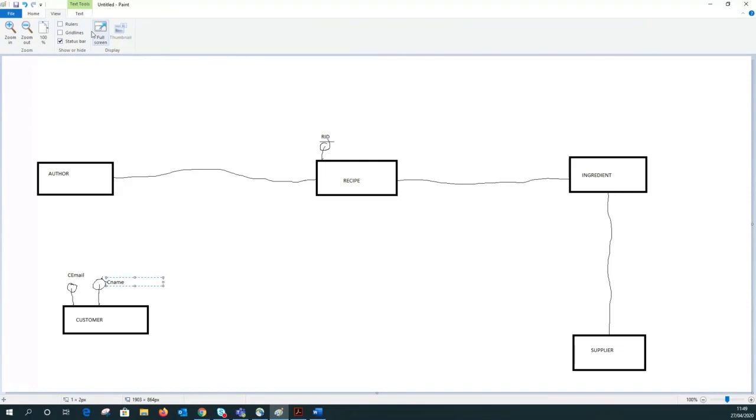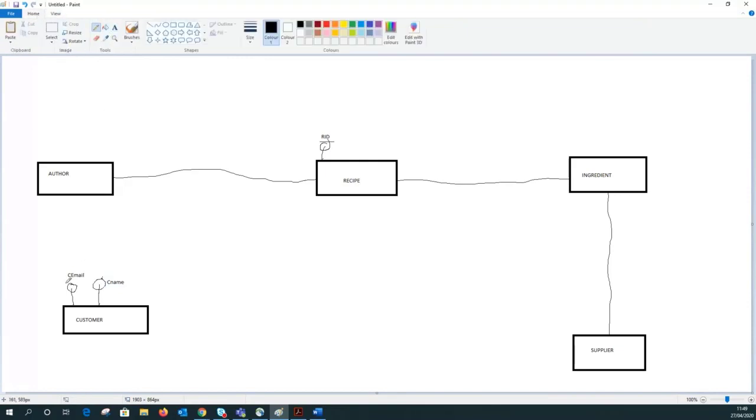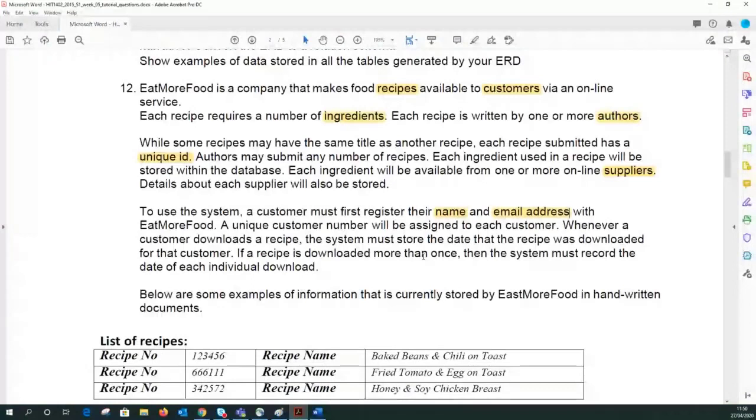So customer email looks like the primary key. I will underline that. So it looks like customers can use many recipes. Yeah, something like this, right? So the relationship looks like that. That is how it sounds to me. Okay.